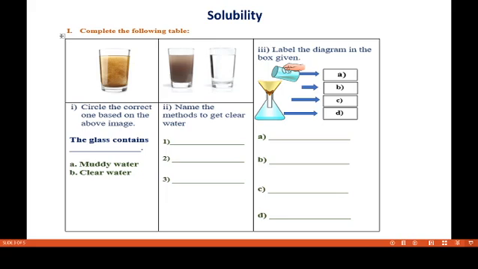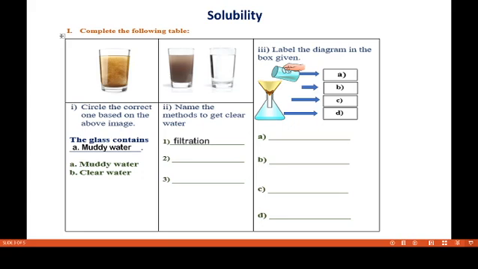Yes, this is muddy water. Okay, the second one. Name the methods to get clear water. Here are two glasses of water. First one is muddy water, second one is clear water. How can we obtain the clear water from the muddy water? What are the methods we follow to get clear water?